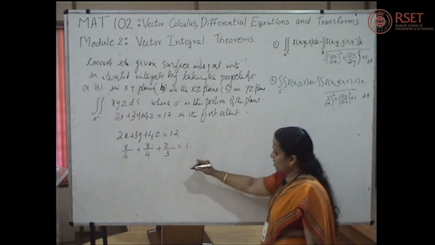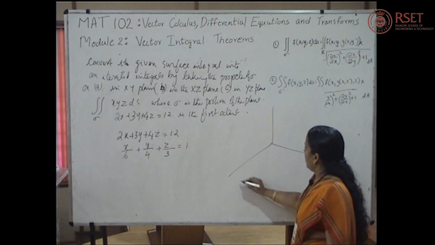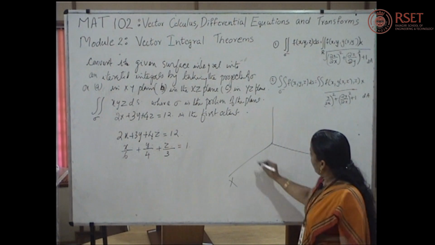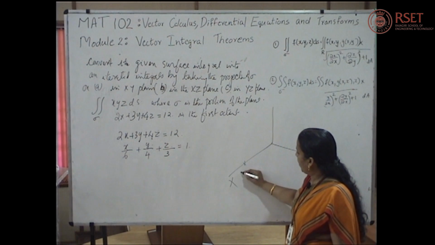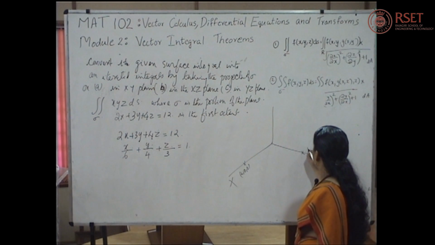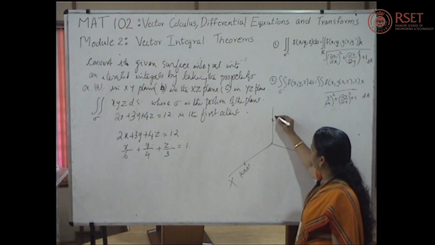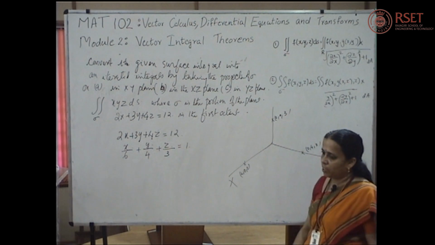So this is the intercept form. That means the given plane intersects the x-axis at the point 6, 0, 0, the y-axis at 0, 4, 0, and the z-axis at 0, 0, 3.